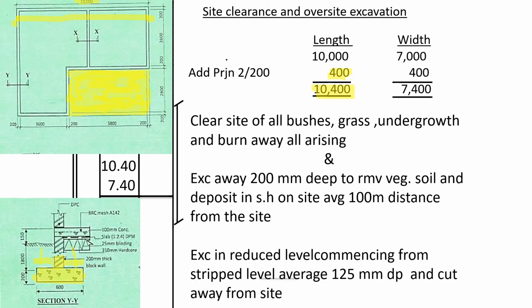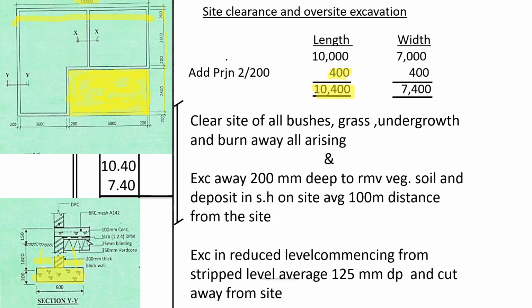So to get the external dimensions, we have already been given 10,000 for the length. For the width, we can add 200 plus 600, that is 800 plus 200, that 4,000 plus 2,800, 6,800 plus 200. So the total dimension for the width from here up to here is 7,000.